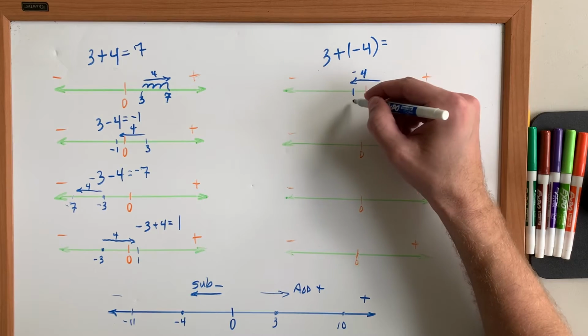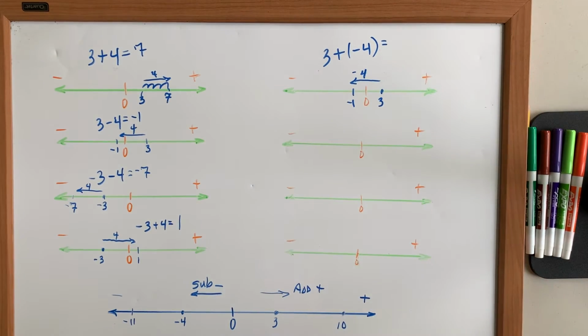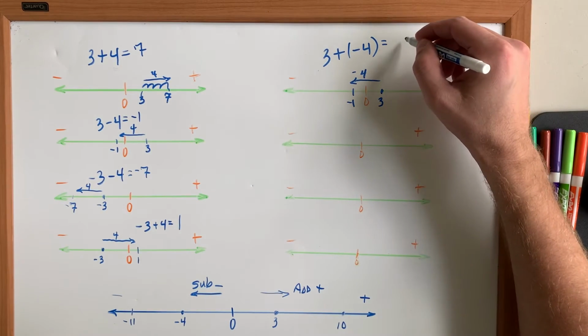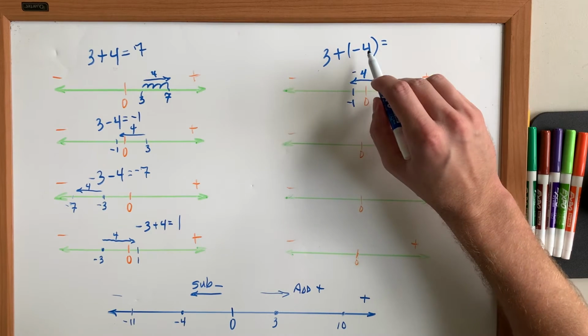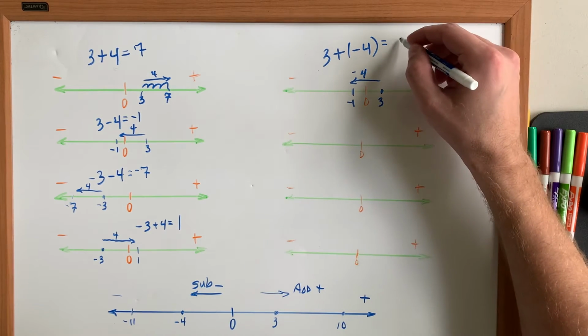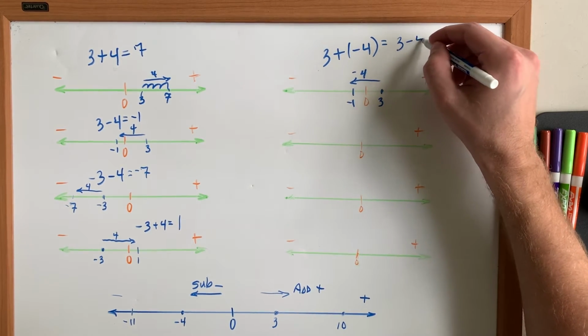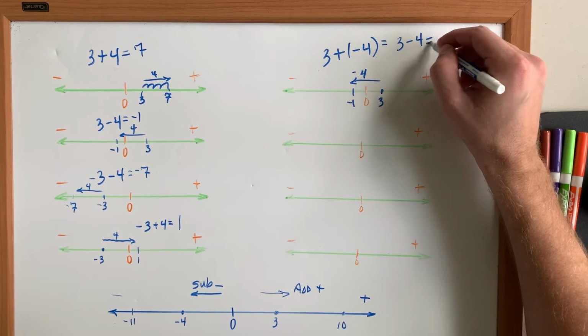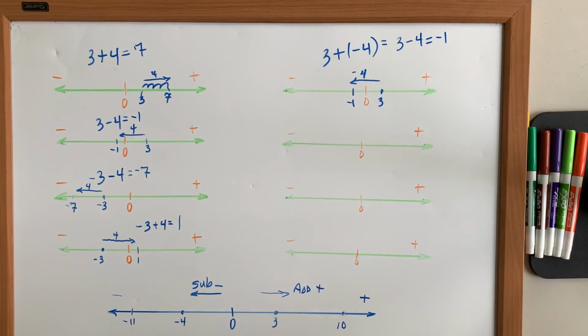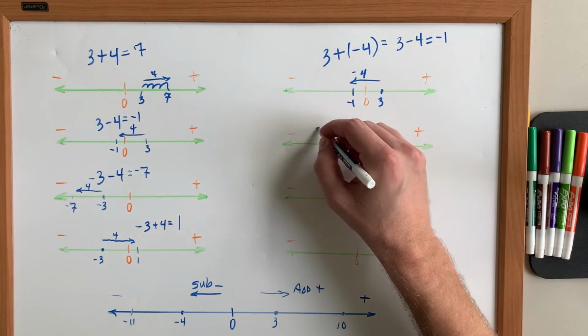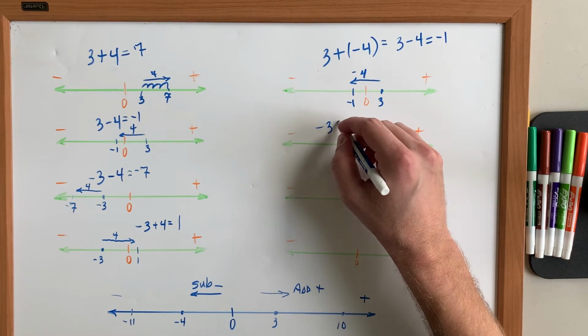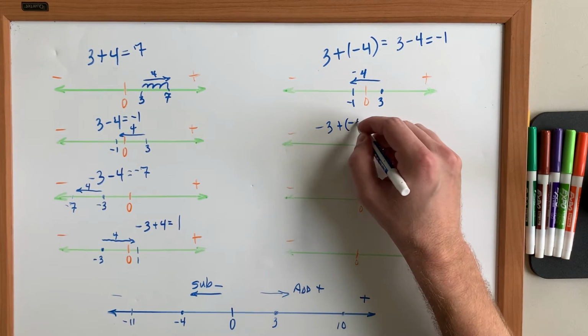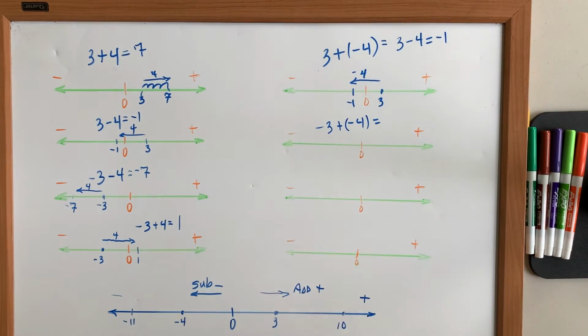And we're still going to end up at negative 1. So what we see here is that 3 plus the opposite of 4 is the same as 3 minus 4, which is negative 1.